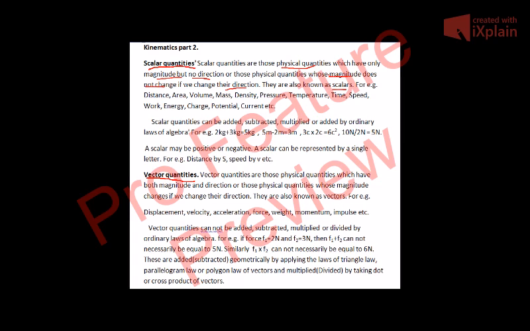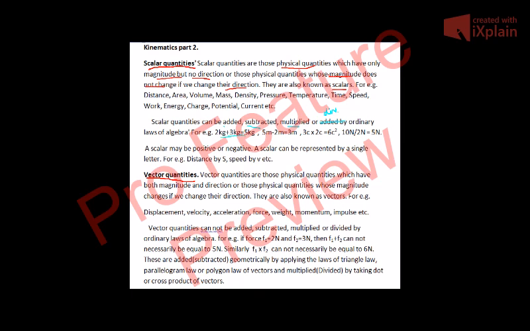Now what about current? Let me first tell you, scalar quantities can be added, subtracted, multiplied, or divided by ordinary laws of algebra. For example, 2 kilogram plus 3 kilogram is equal to 5 kg.